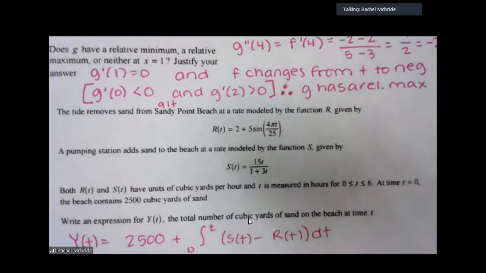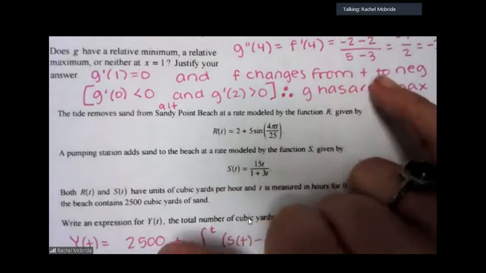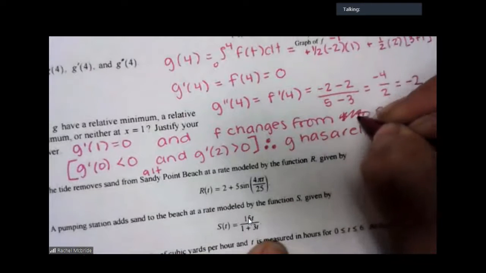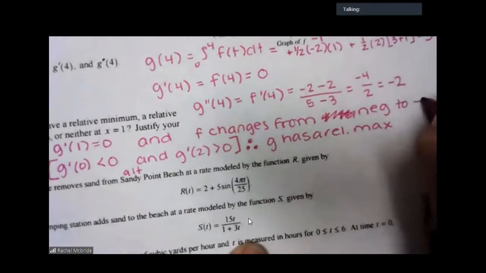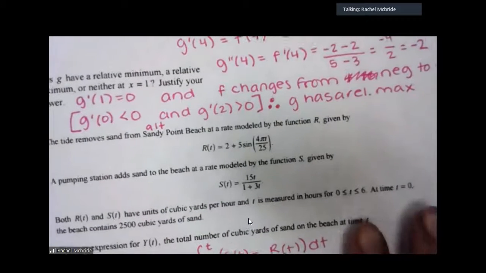A critical point is a potential extrema. So now what you have to do is look at the graph. And what I see is that f changes from negative to positive. Therefore, g has a relative max.